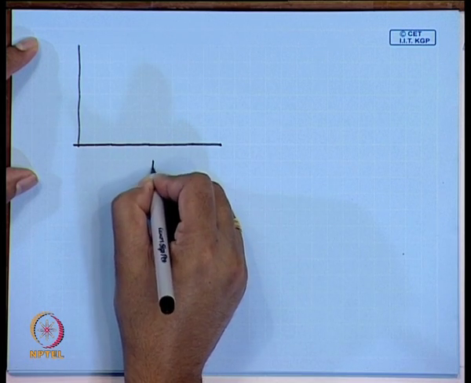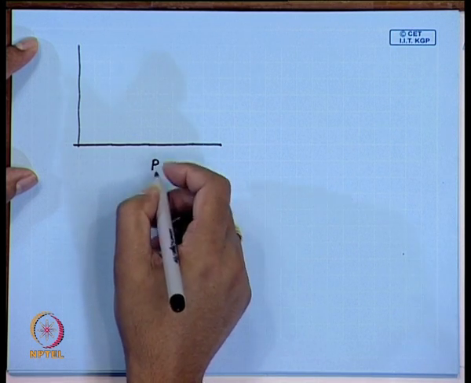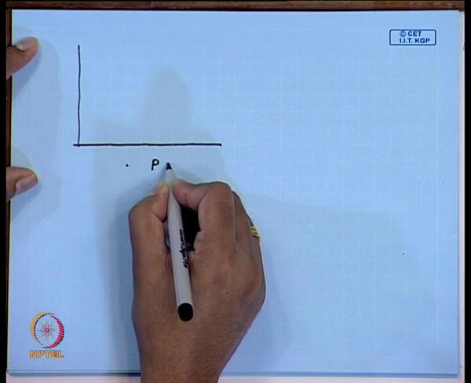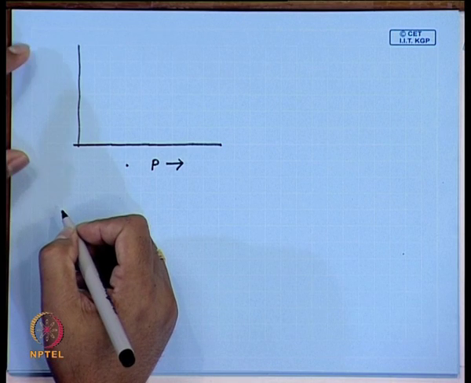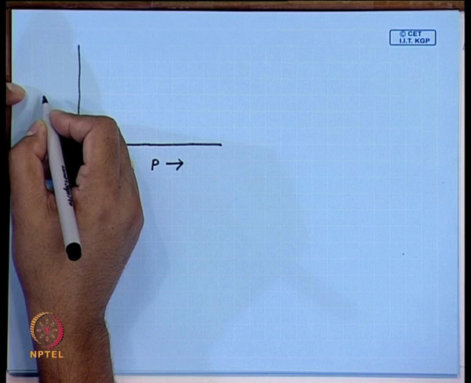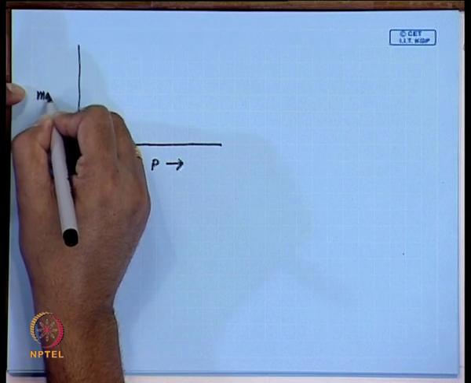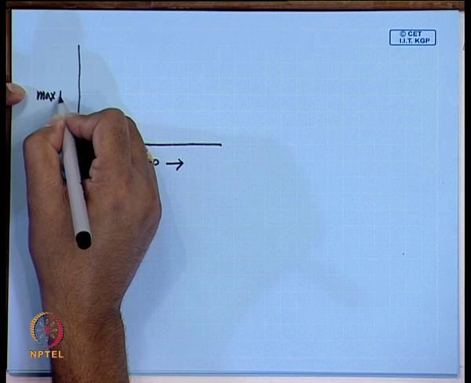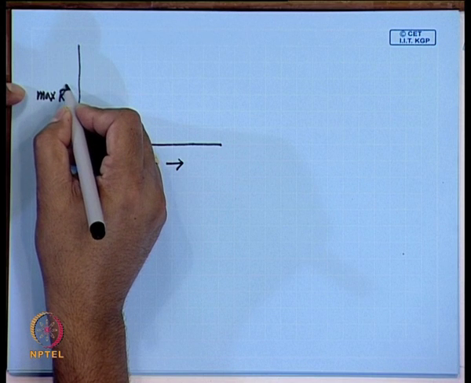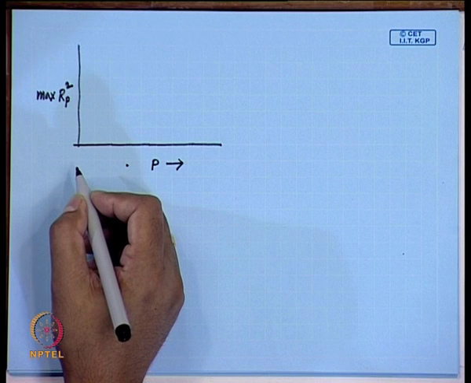The number of regressor variable p, or basically p is the number of unknown parameters in the model, along the x axis, and maximum R p square along the y axis.